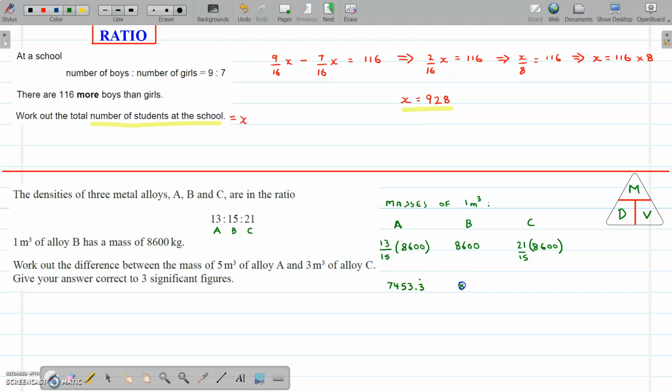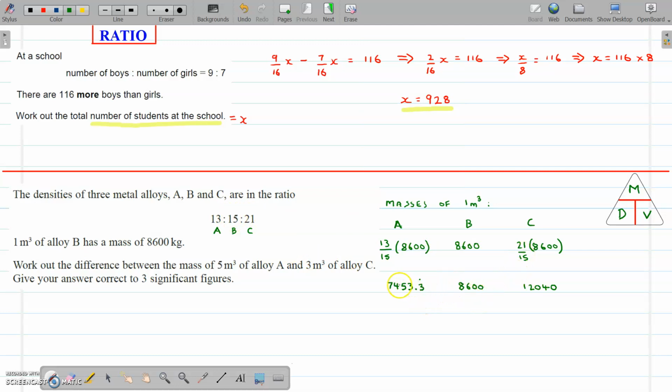B is 8,600, and this number here, when you calculate that, comes to 12,040. So what I've done is I've kept those 3 numbers in the same ratio as these, but basically the middle one's been scaled up from 15 to 8,600, and the others have been scaled up proportionally.